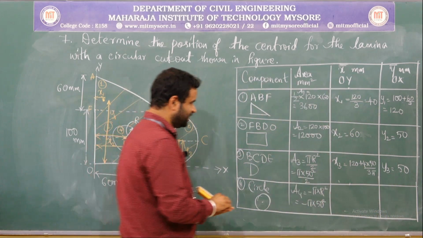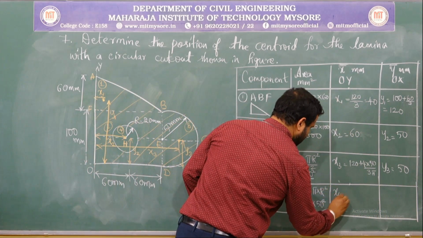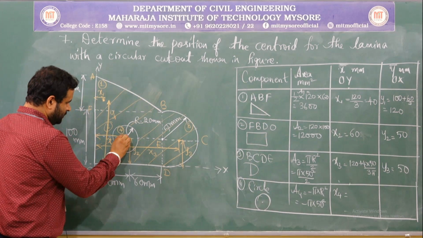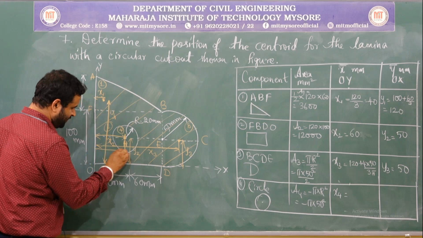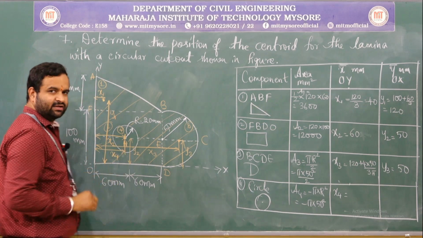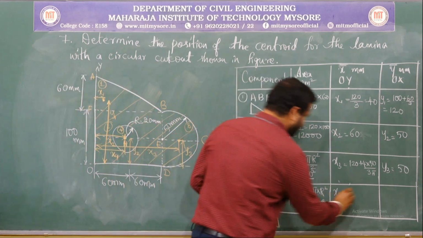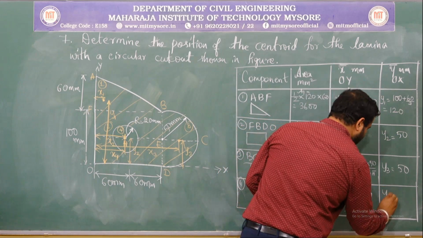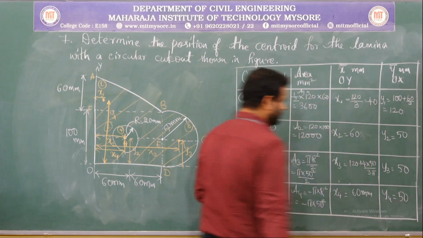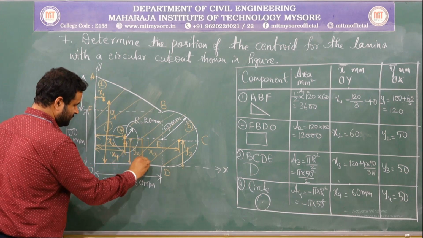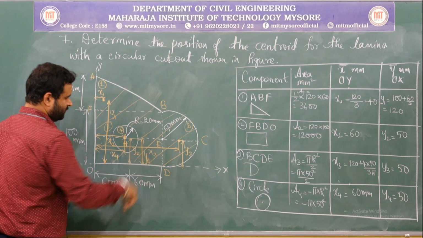Now, writing its x4 and y4 values. x4 is equal to, measured with respect to OY axis. This is x4. Again you can easily say it is equal to 60 mm, and y4, if you observe the figure clearly, again it will be equal to 50 mm. See, the same distance is also our y4.